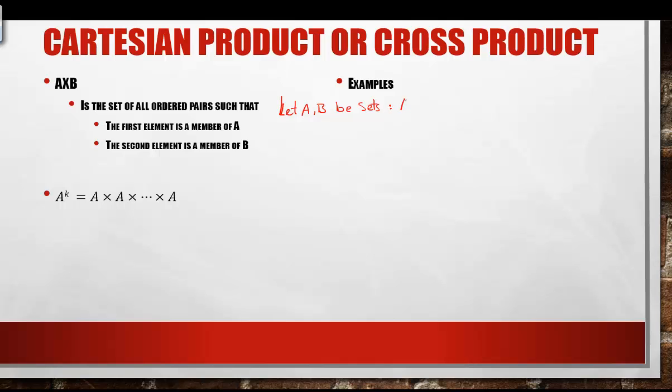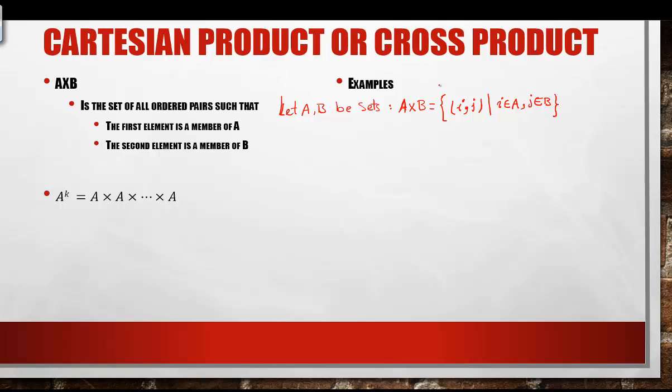Then the cross product of A and B, which I write A times B, is a set of ordered pairs I, comma, J. So it's a binary sequence, a two-tuple, such that I is a member of A and J is a member of B. And this is how I write the cross product of two sets.